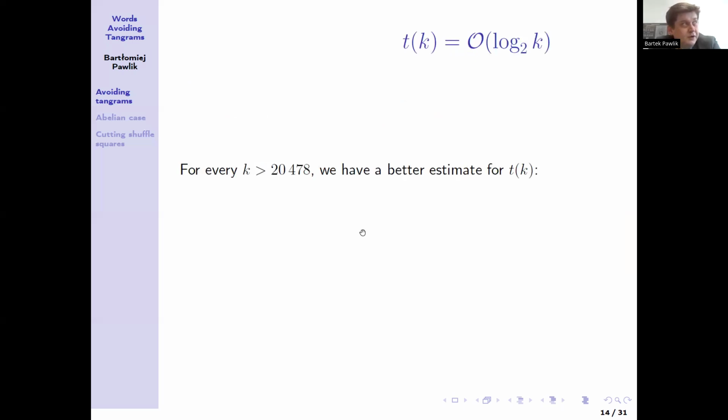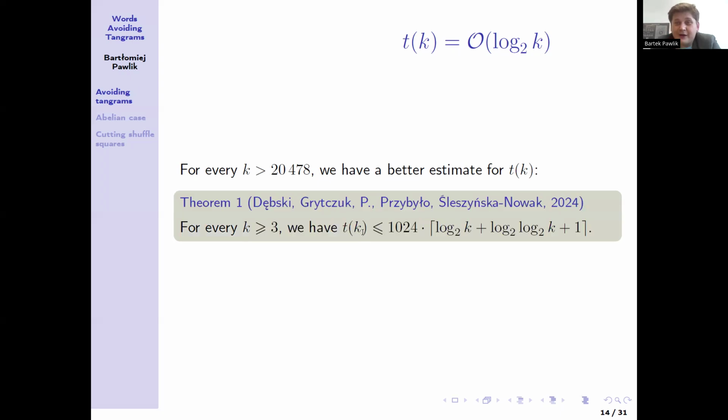And moreover, we have a better estimate, not the linear one, for k big enough. We showed that there is a logarithmic bound. We have t of k less or equal than 1024 multiplied by logarithm 2 of k. This is far from optimal because this number is just for convenience.